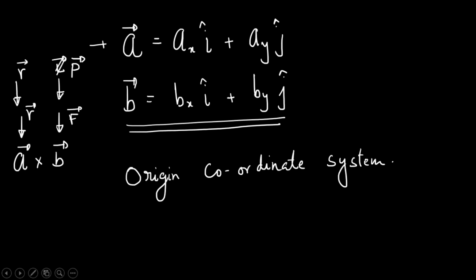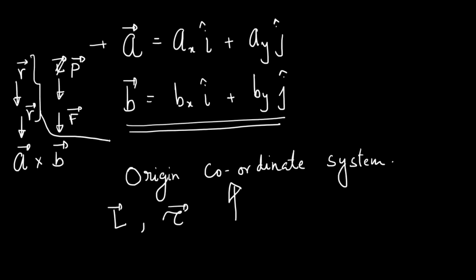And the correct question to ask is, what is the angular momentum? What is the angular momentum and what is the torque with respect to this coordinate system? So the position vector is drawn from this origin.